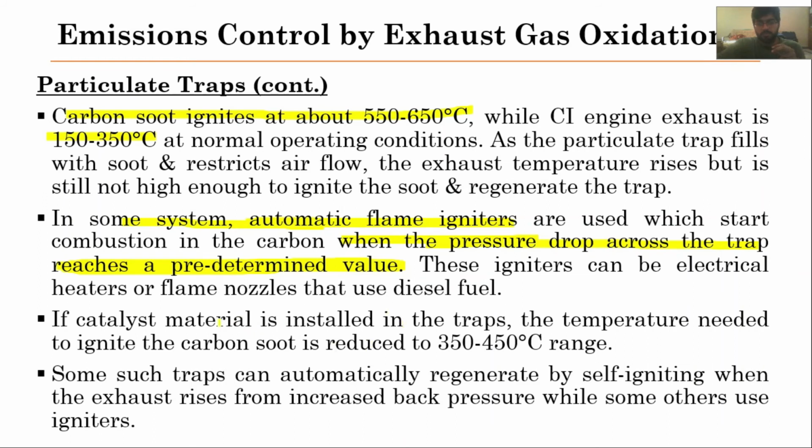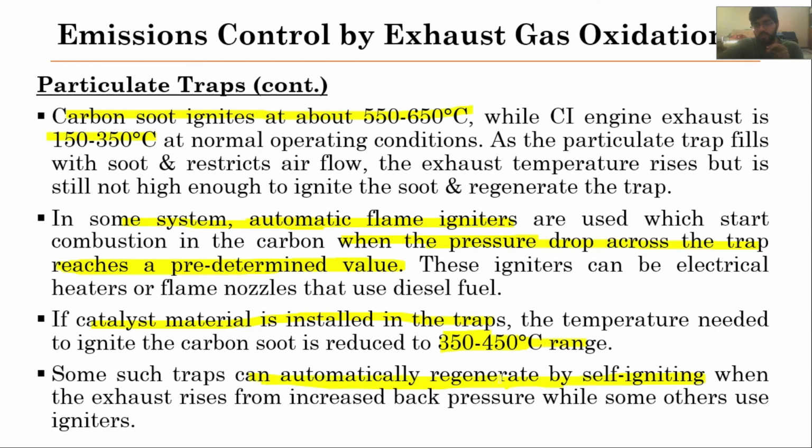So if catalyst material is installed in the traps, these temperatures are reduced from 650 to 350 to 450 degrees Celsius, again with the help of the catalyst. So some traps can automatically regenerate by self-igniting, but sometimes the self-ignition does not occur.